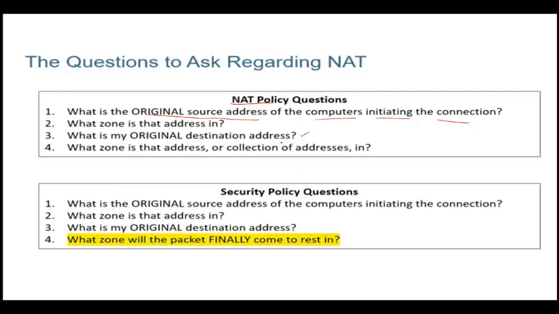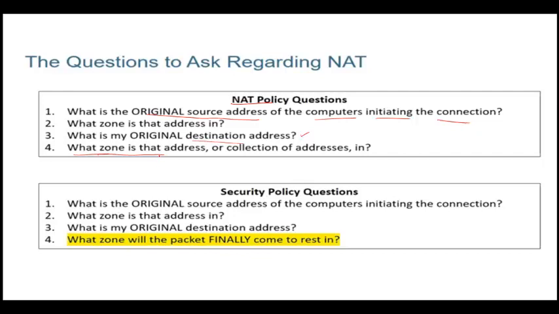And now the destination address and destination zone is going to be the same. The zone depends on the destination address again. And all these are pre-NAT. The mapped address is going to be the destination zone determining one.